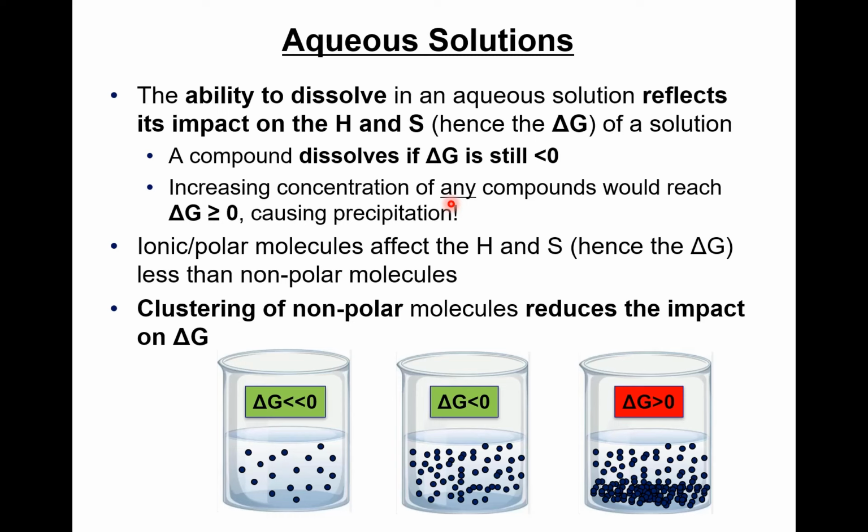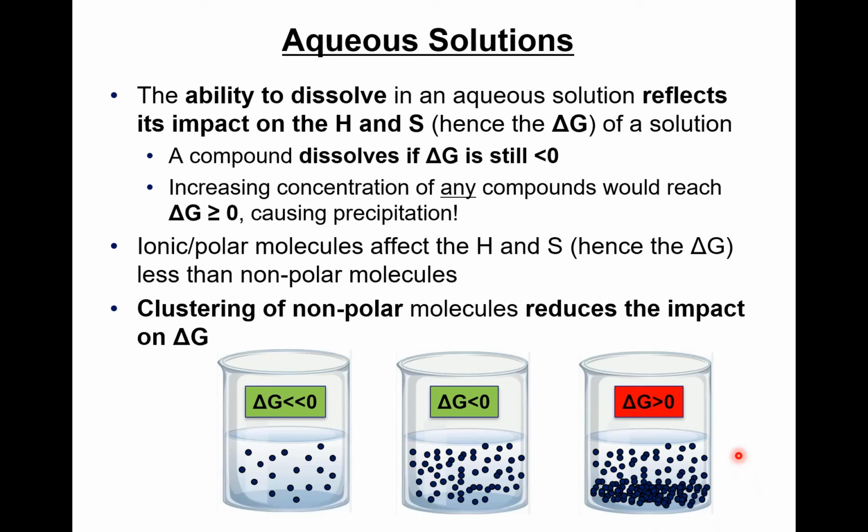Now, one thing I want to stress is that this is not written in stone. Even with extremely non-polar compounds, if you keep adding more and more, because these molecules impact the enthalpy and the entropy, overall that impact may bring the delta G to be equal to 0 or higher than 0, making the process unfavorable, non-spontaneous, and causing precipitation of some of these molecules.